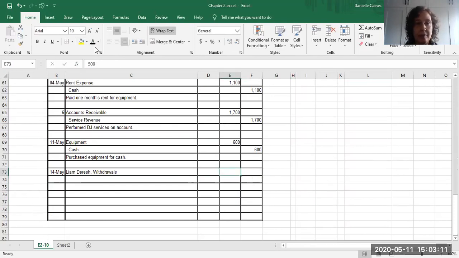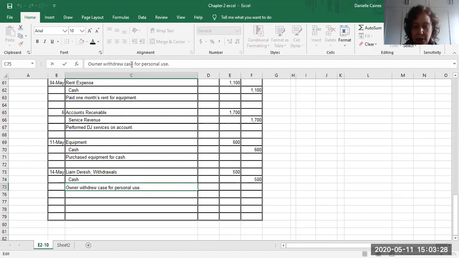And we are crediting cash because he took cash out of the business. And our description is that the owner withdrew cash for personal use.